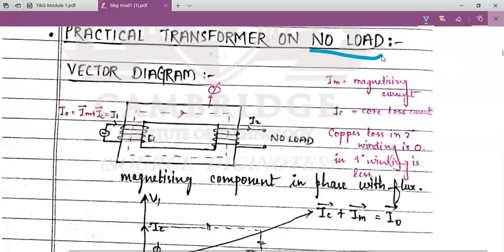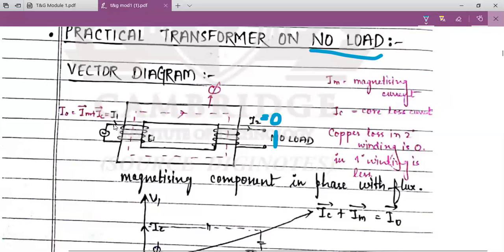Where are you connecting the load? On the secondary side. If there is no load, the secondary winding will be open, so the current flowing in the secondary winding is zero, because there is no load on the transformer.